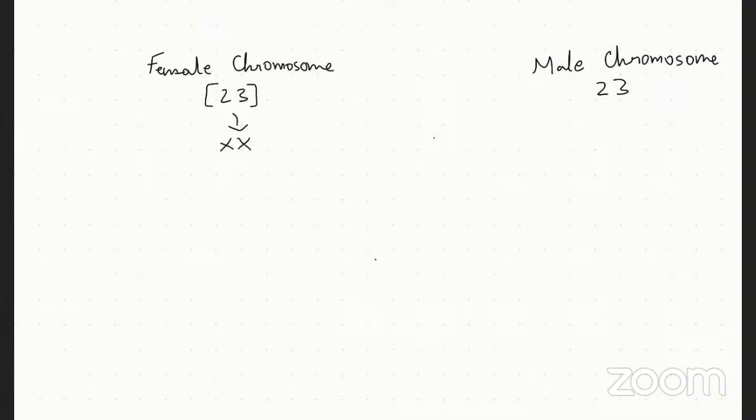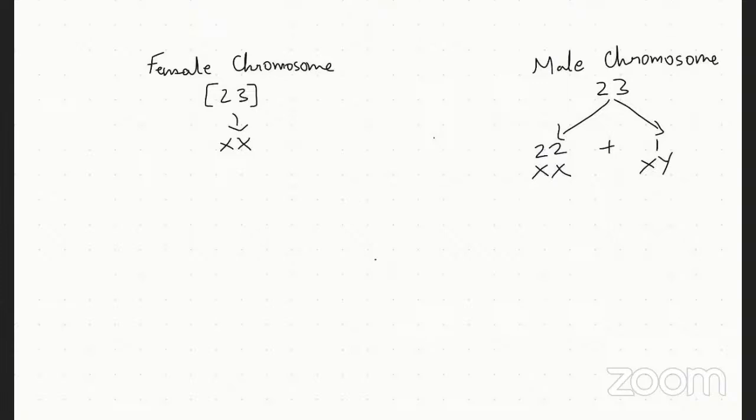But in males, what happened? Out of the 23 pairs, 22 are XX-type pairs and one pair is XY. In female, all 23 are XX, pairs of the same chromosome.